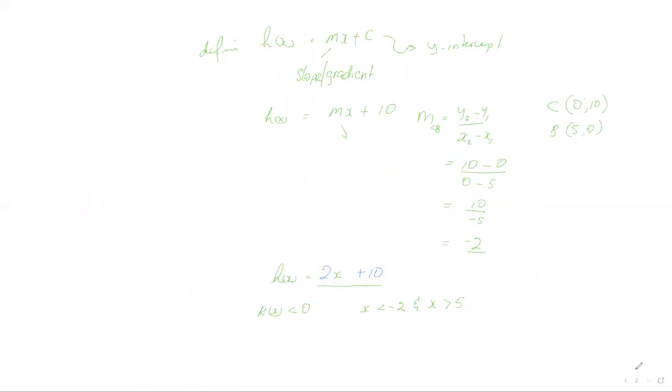So DF will be negative x squared plus 3x plus 10.